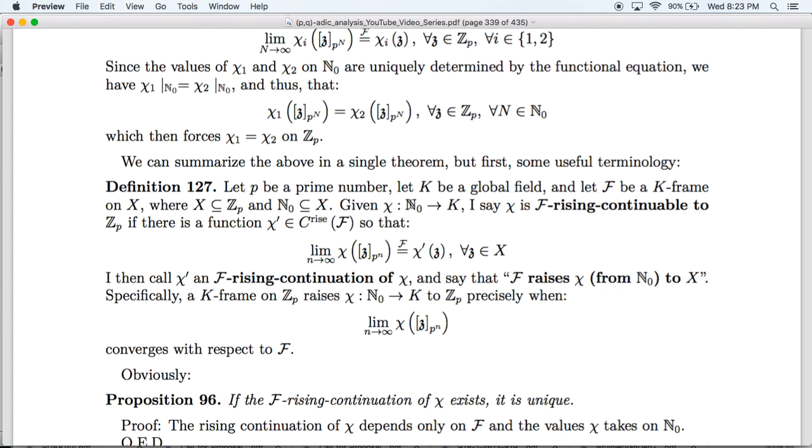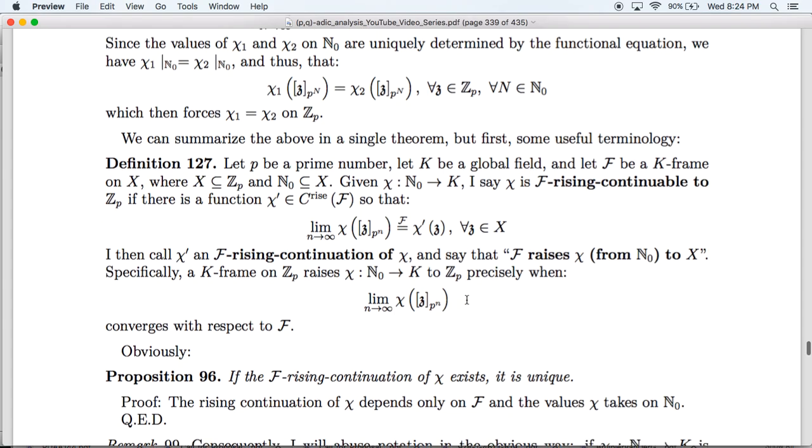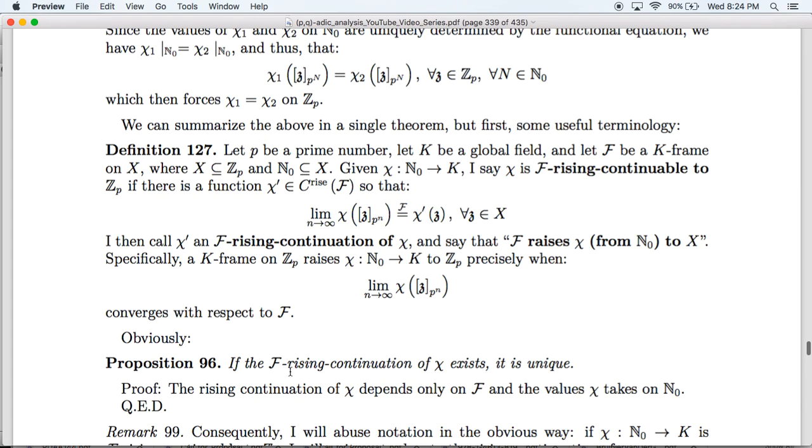Given chi from N_0 to K, I say chi is F-rising continuable to Z_p if there's a rising-continuous function chi prime, so that the limit of chi of z mod p^n converges to chi prime with respect to F for all z in X. I then call chi prime an F-rising continuation of chi and say that F raises chi from N_0 to X. And this is important: if the F-rising continuation of chi exists, it is unique.